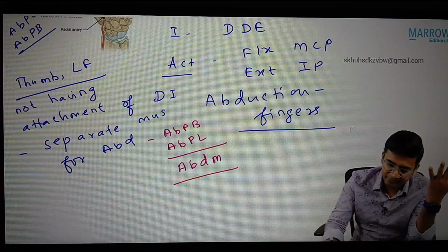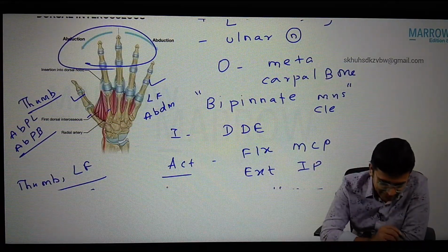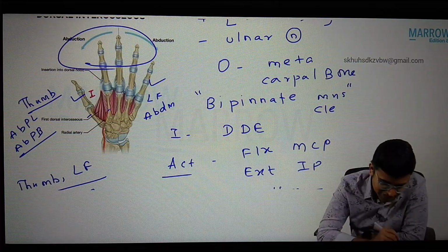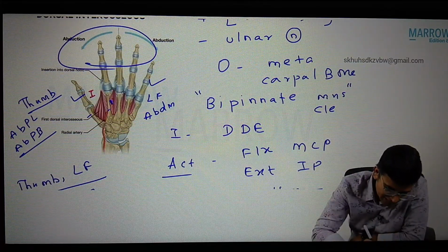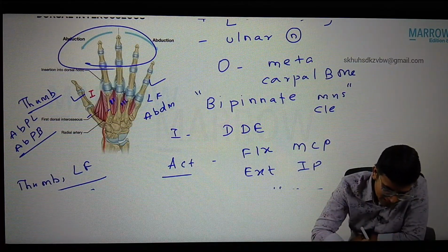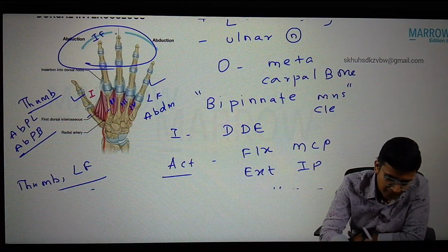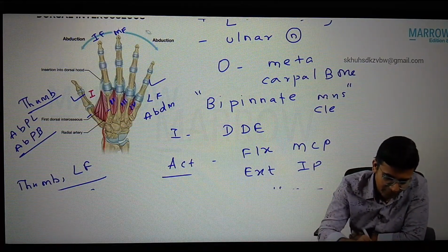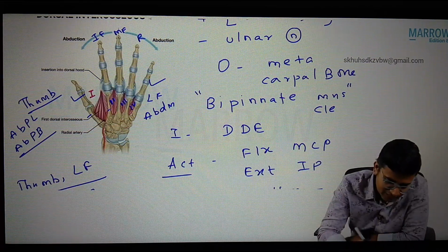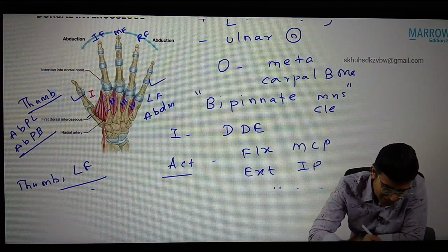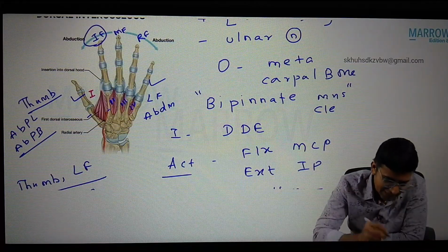See the diagram. In the diagram, this is our first dorsal interosseous. This is second, this is third, and this is fourth. This is your index finger, this is middle finger, and this is our ring finger. Now first dorsal interosseous attaches to index finger.